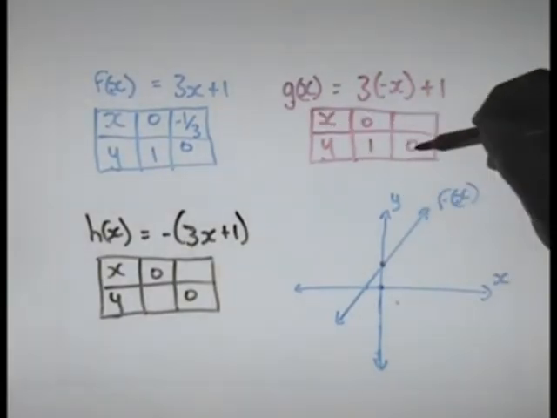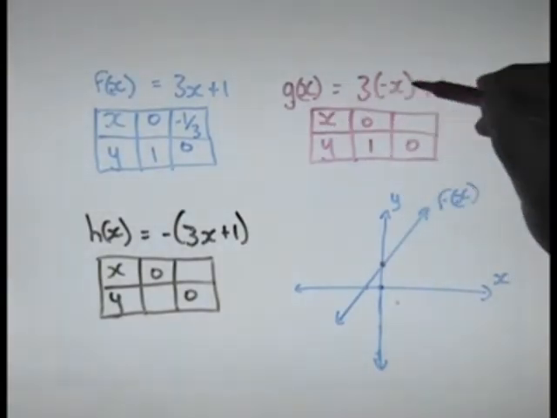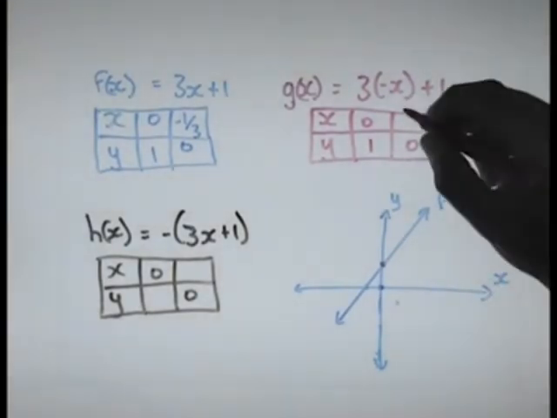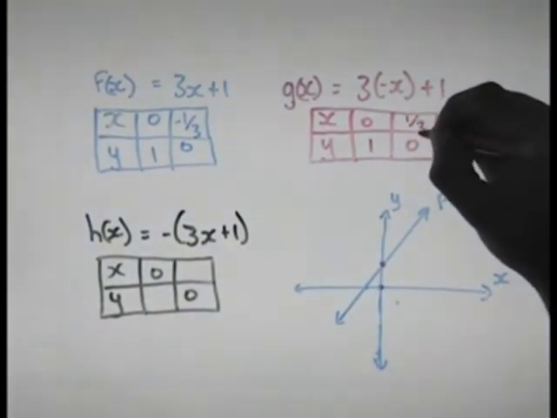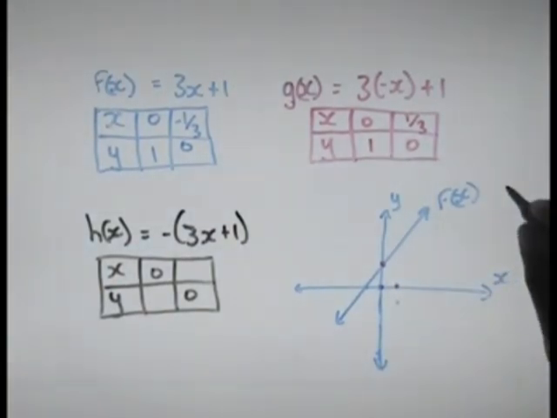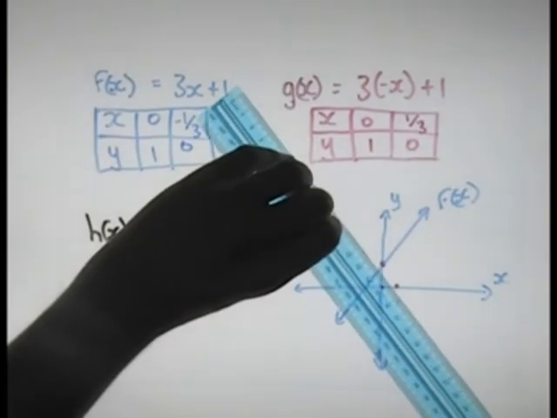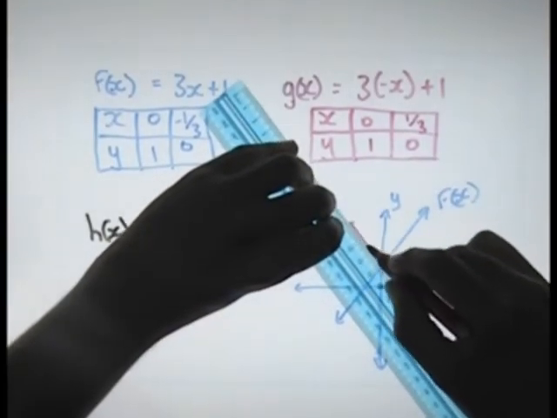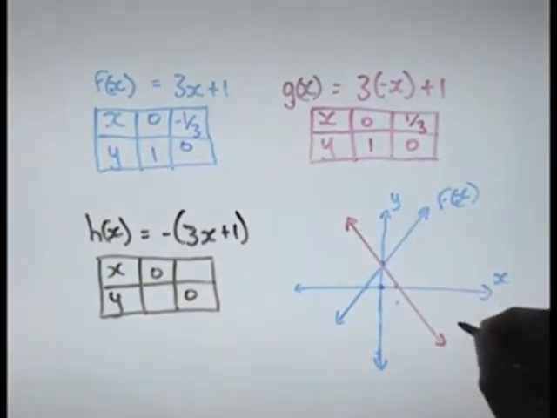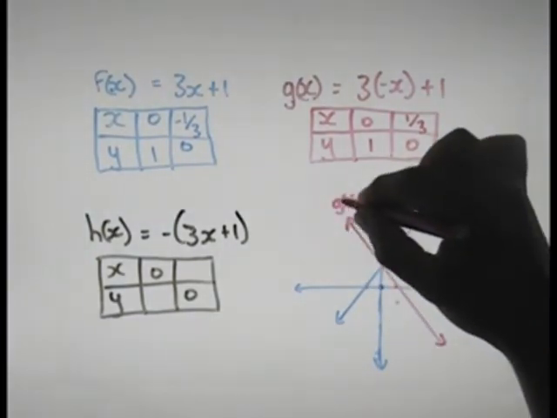Except when y is equal to 0, that's -3x plus 1 is equal to 0, which means that x is going to equal positive 1 over 3, which is going to be over there. That means that this graph has been flipped that way. And that's the graph g of x.